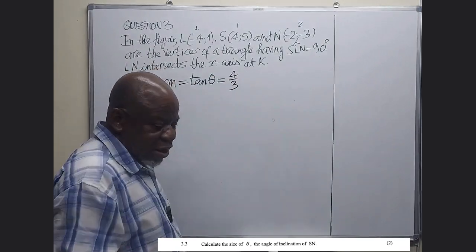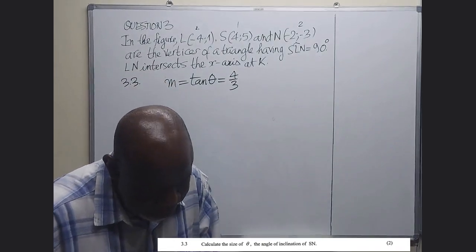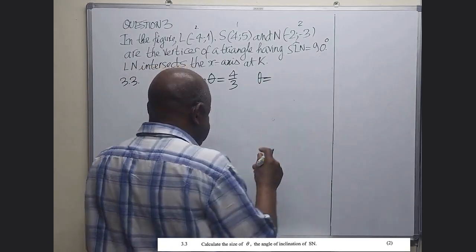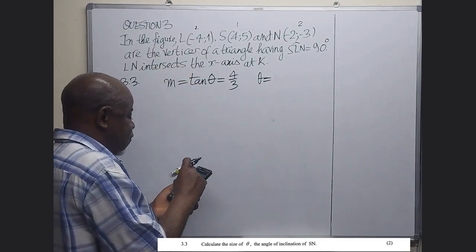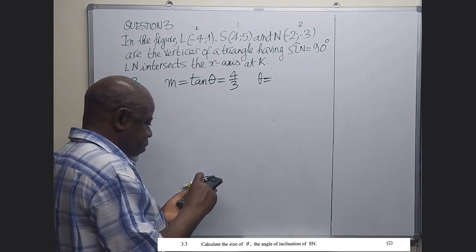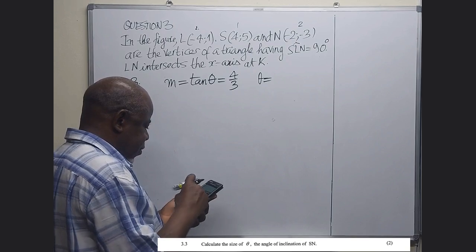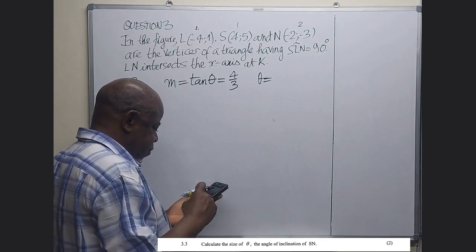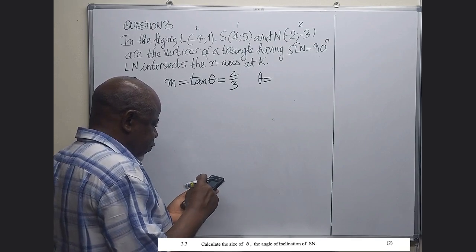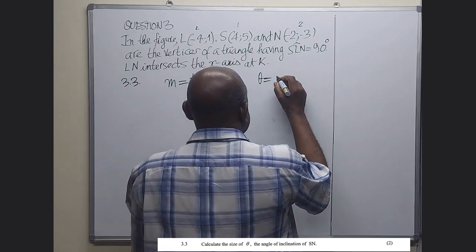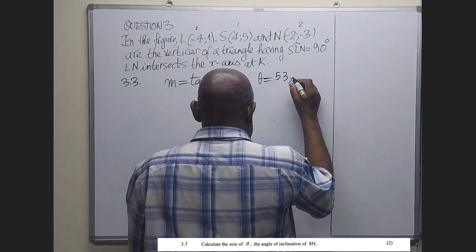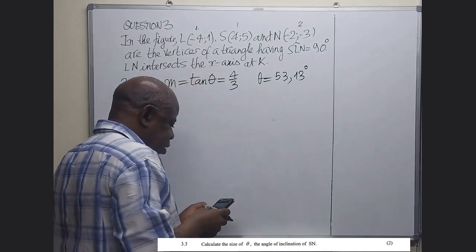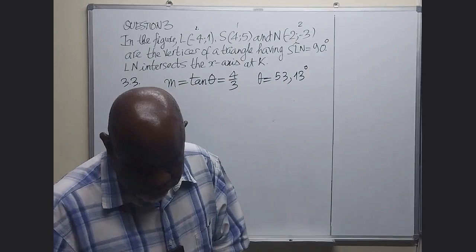So we're just going to take a calculator and get the value of angle theta: arctangent of 4 over 3. So here's the value of theta, 53.13 degrees. So this is the answer for question 3.3.